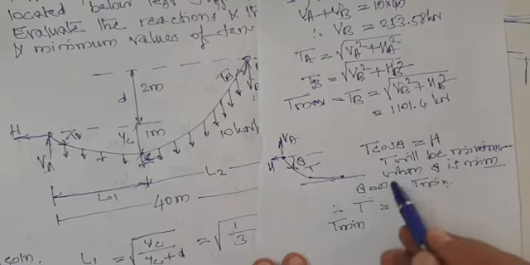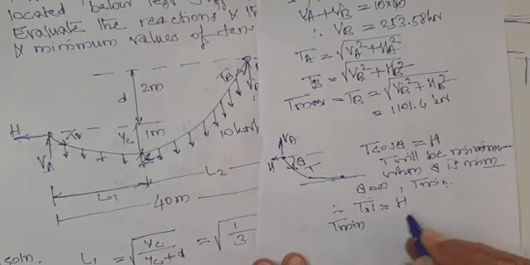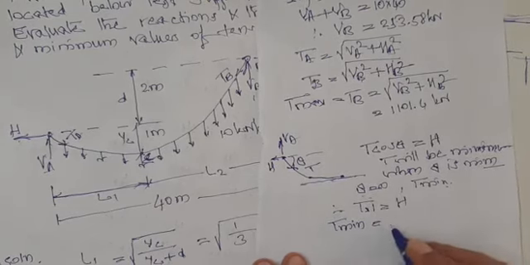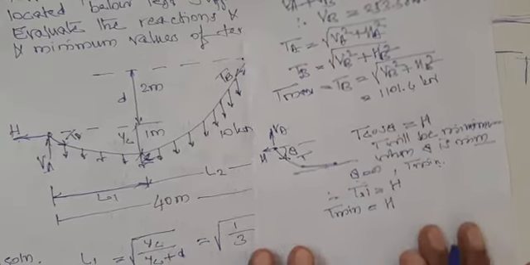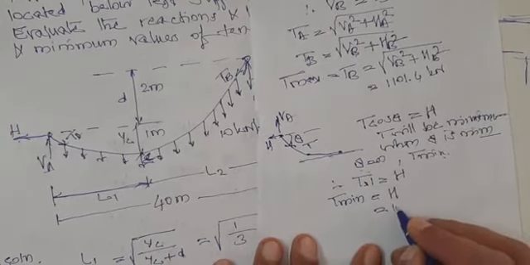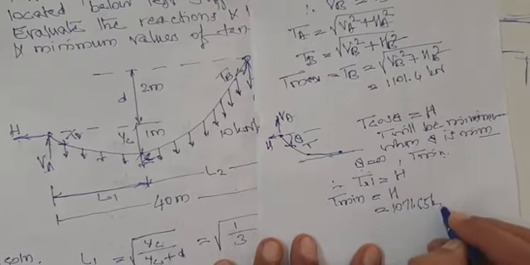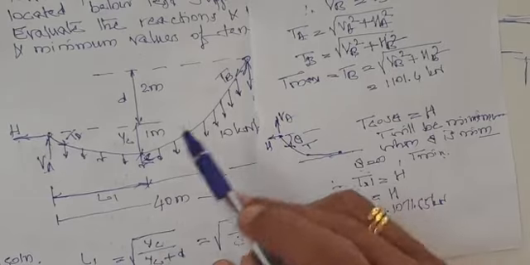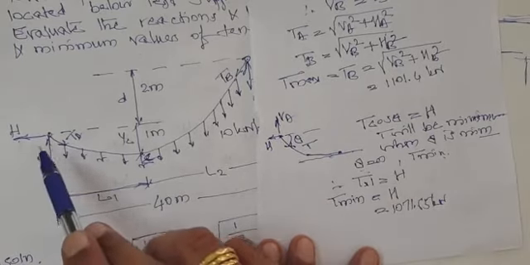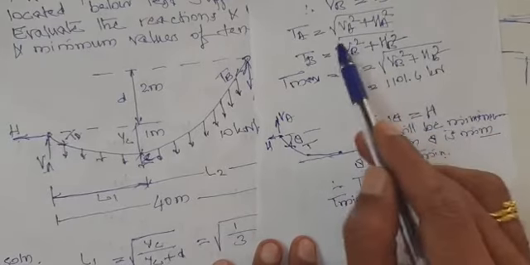So T cos theta, cos 0 means 1, so T into 1 is equal to H. In that case T will be minimum and equal to H, and therefore T minimum is H, which you have already calculated, 1071.65 kilonewton. T maximum is either the square root of VA square plus HA square, or TB, the square root of VB square plus HB square. If VA is greater than VB, TA will be maximum.